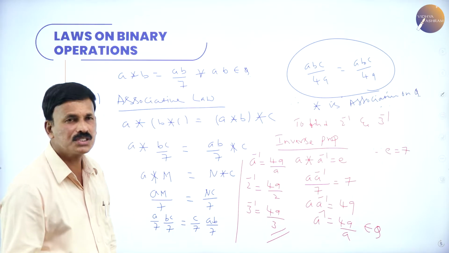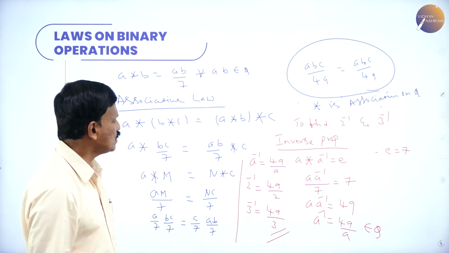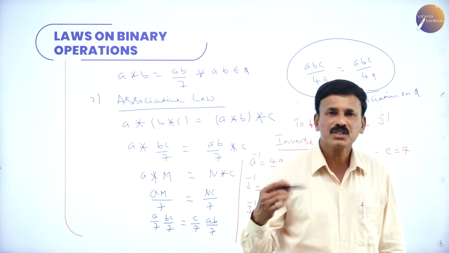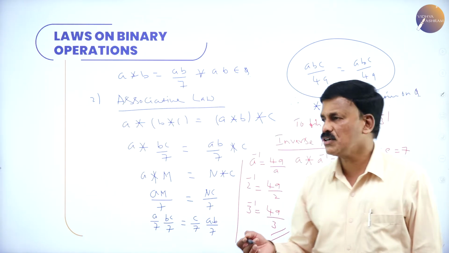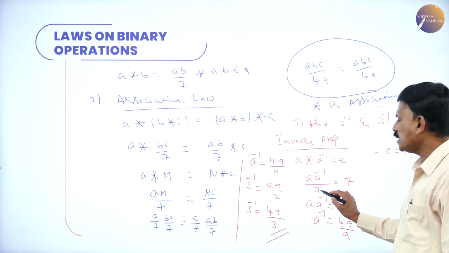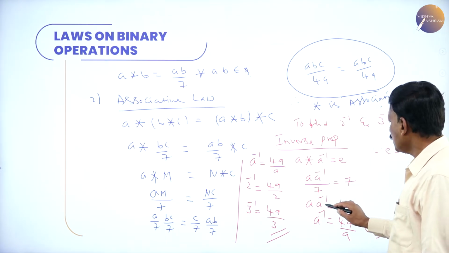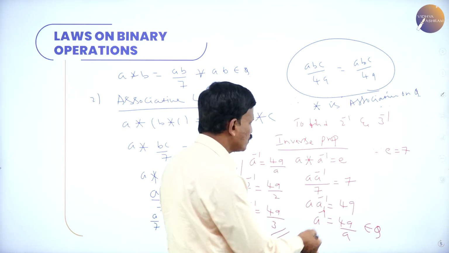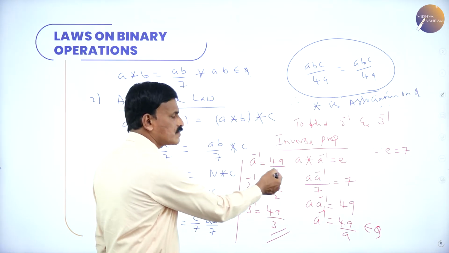This is how we find the 2 inverse as well as the 3 inverse. So first find out the identity element, then find out the inverse. a star a inverse is equal to e. a into a inverse by 7 is equal to 7. a inverse is equal to 49. So therefore a inverse is equal to 49 by a.